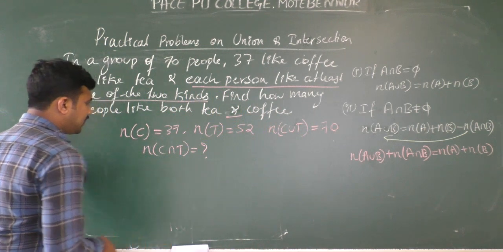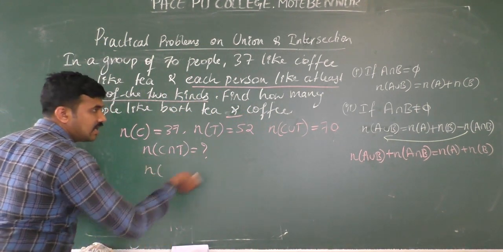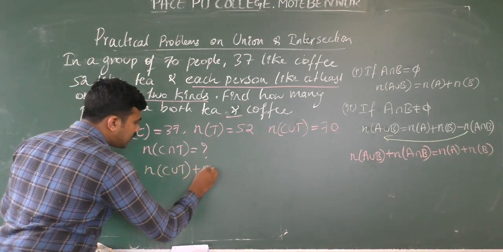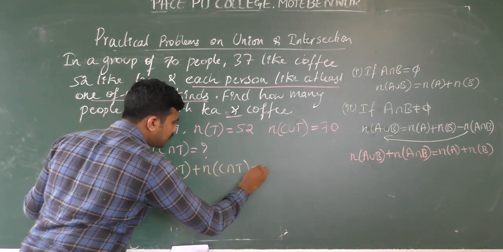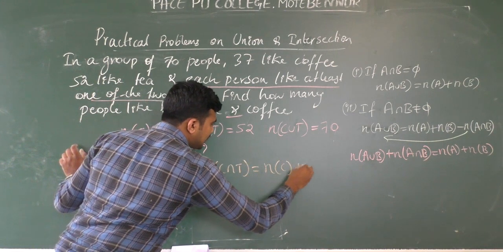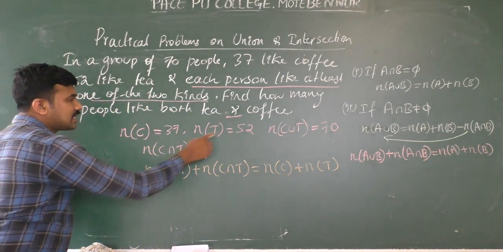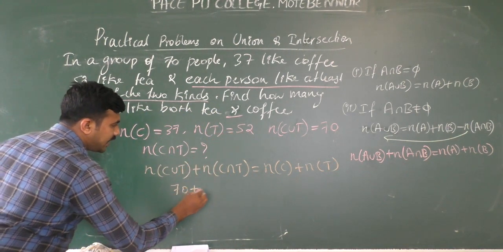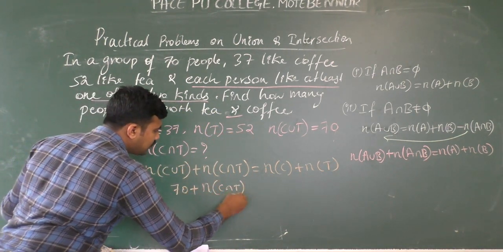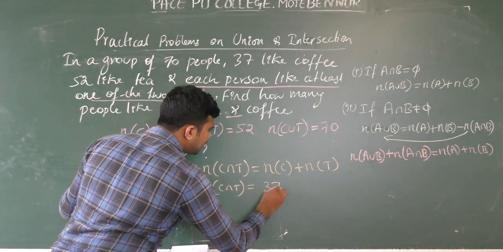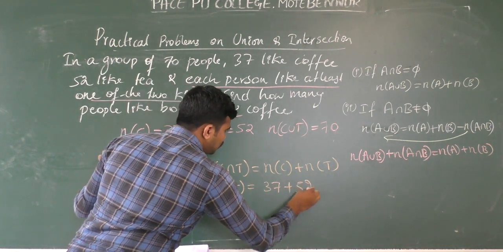Now substitute in the same formula as before: n of C union T plus n of C intersection T is equal to n of C plus n of T. Now substitute the values. n of C union T is nothing but 70. n of C intersection T is unknown, we need to find it. n of C is 37, and n of T is 52.